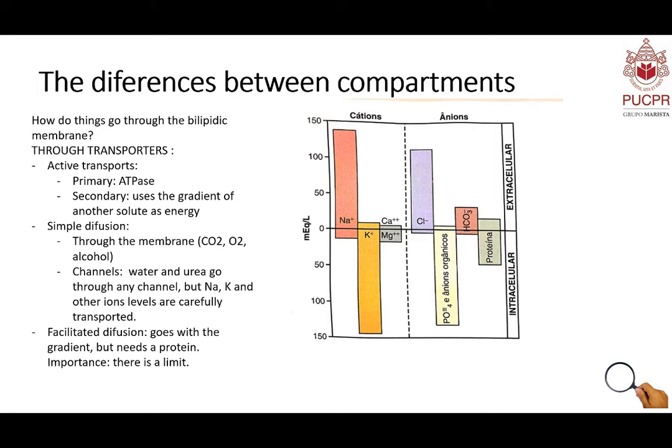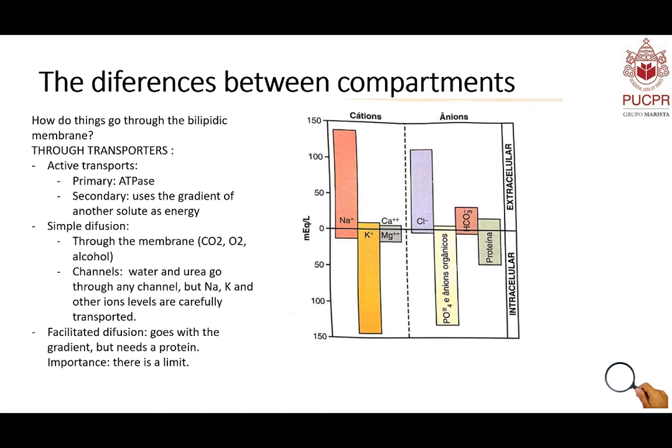This is an example, but we have lots of different kinds of secondary active transportation. We call it active transportation because it requires the sodium-potassium pump to work. If it doesn't work and it's not spending energy, then the secondary transportation also wouldn't work.